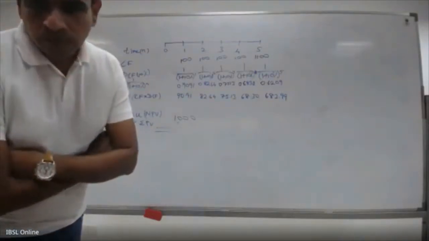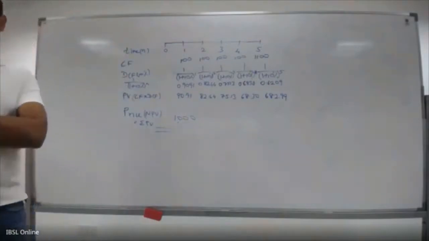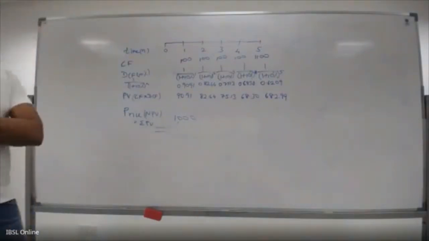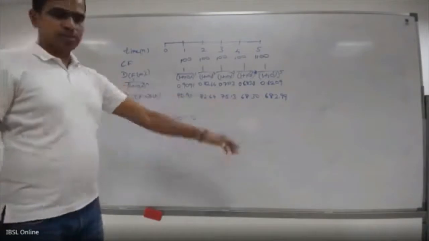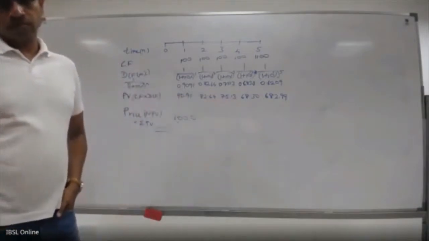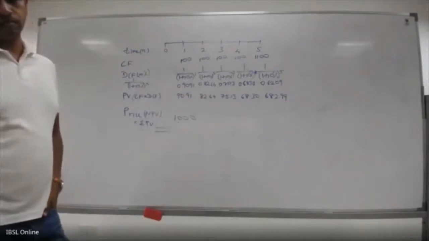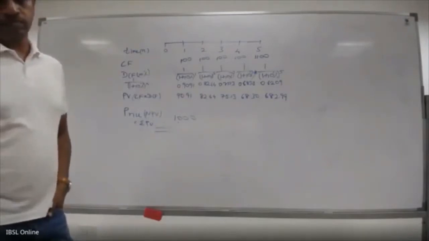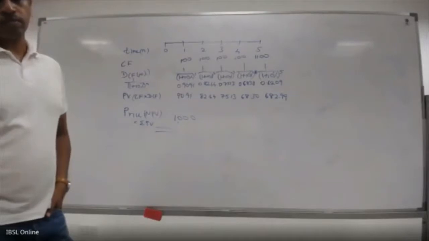Yeah, 99.98. Good enough. All that is because you're cutting off the decimals. So you get something close to 1,000.